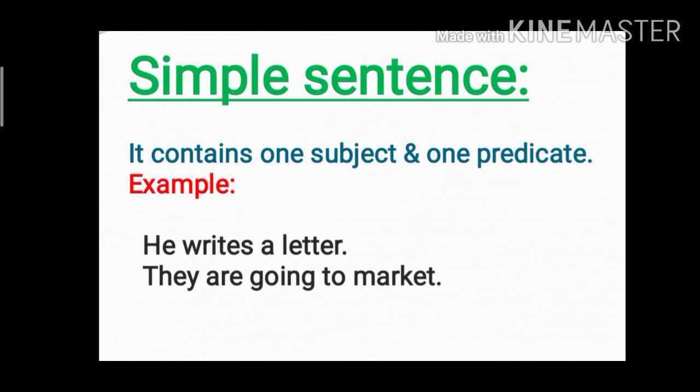Simply we can say that this sentence contains a subject and a predicate. In the next sentence, they are going to market. Here our sentence contains one subject and one predicate. So according to the definition of a simple sentence, it contains one subject and one predicate.